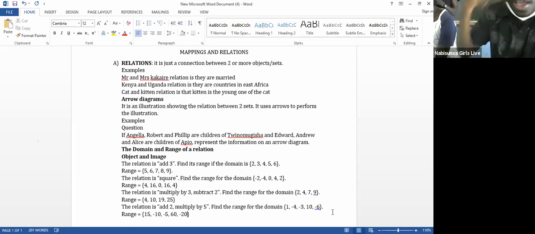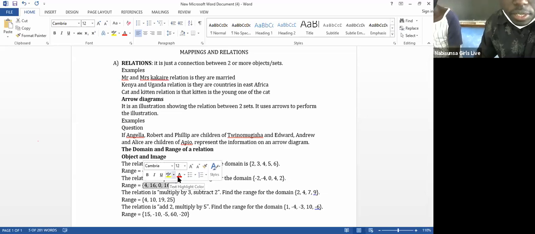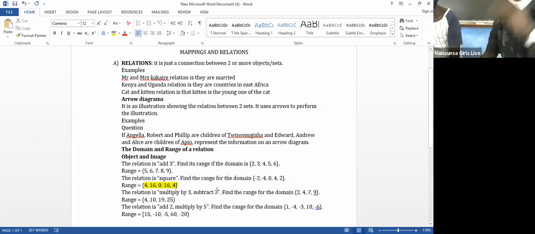So now I want to explain something before we go on. In all what we are doing, we are finding range, but we can find domain. But I want you to look at this range here. Do you realize that there are elements that are repeating?